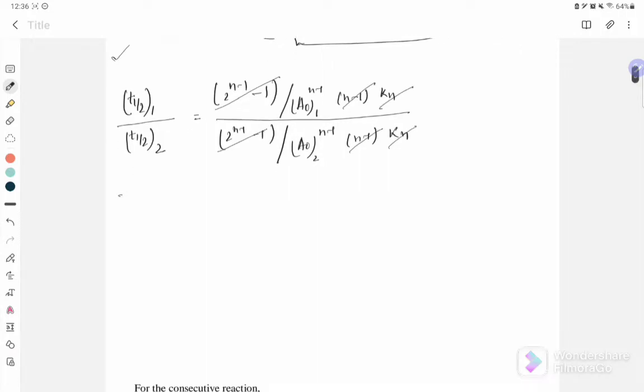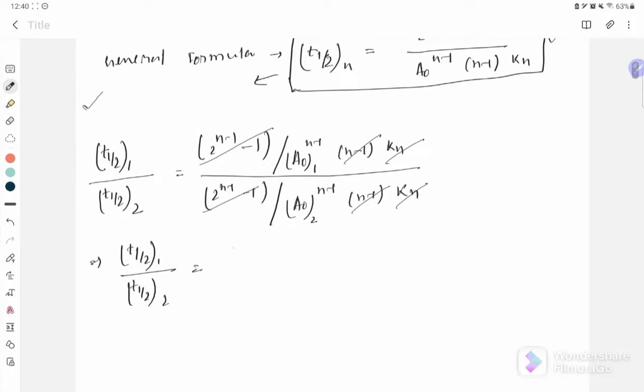So in hand, T half 1 by T half 2 equals A0 2 by A0 1 to the power n minus 1.